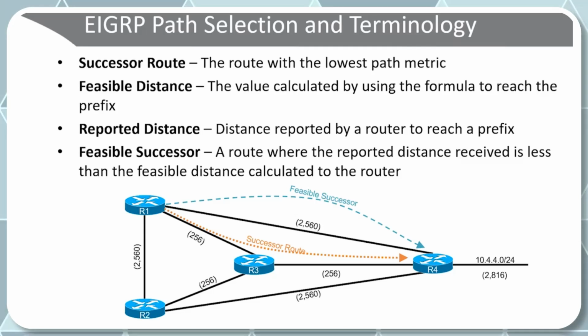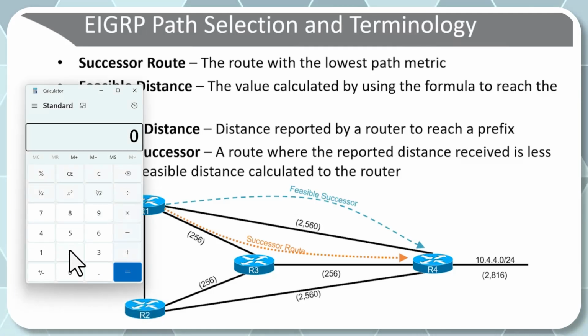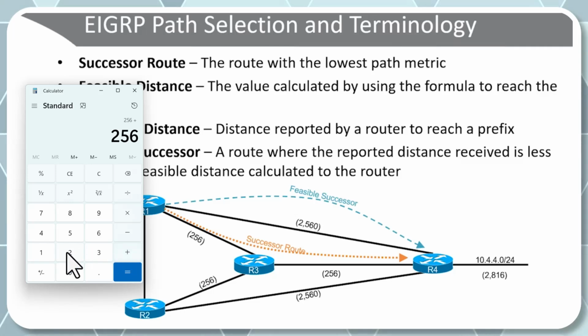So let us open the calculator and add 256 plus 256 plus 2816 is equal to 3328.